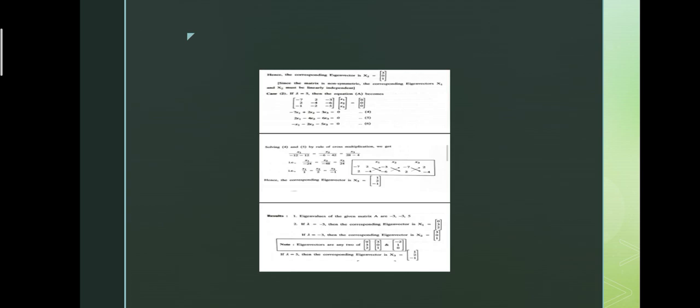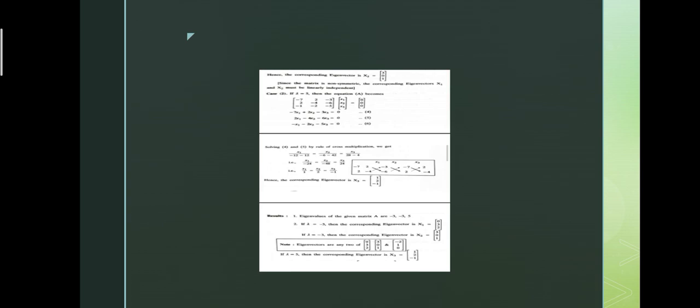Solving the fourth and fifth by the rule of cross multiplication, we get x1/(-12 - ...) = x2/(-6 - ...) = x3/(28 - 4). Then x1/1 = x2/2 = x3/(-1). The corresponding eigenvector is X3 = (1, 2, -1).